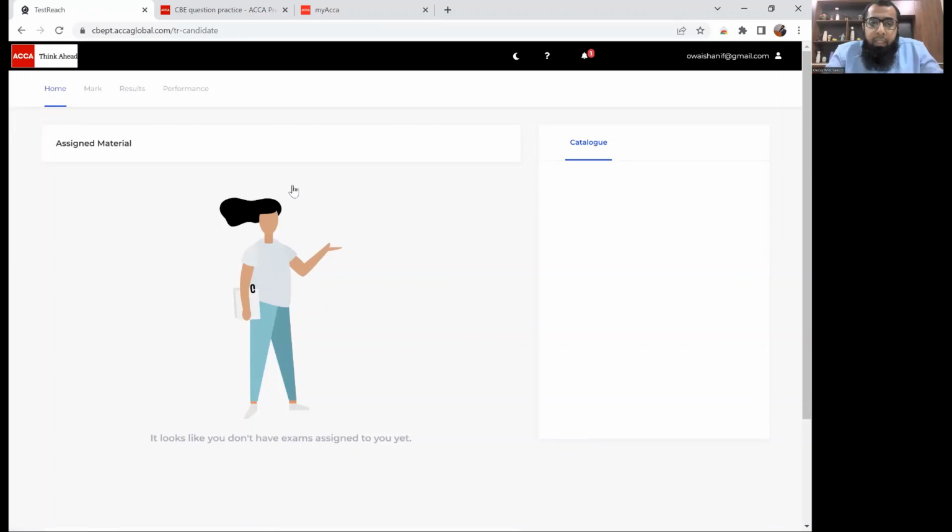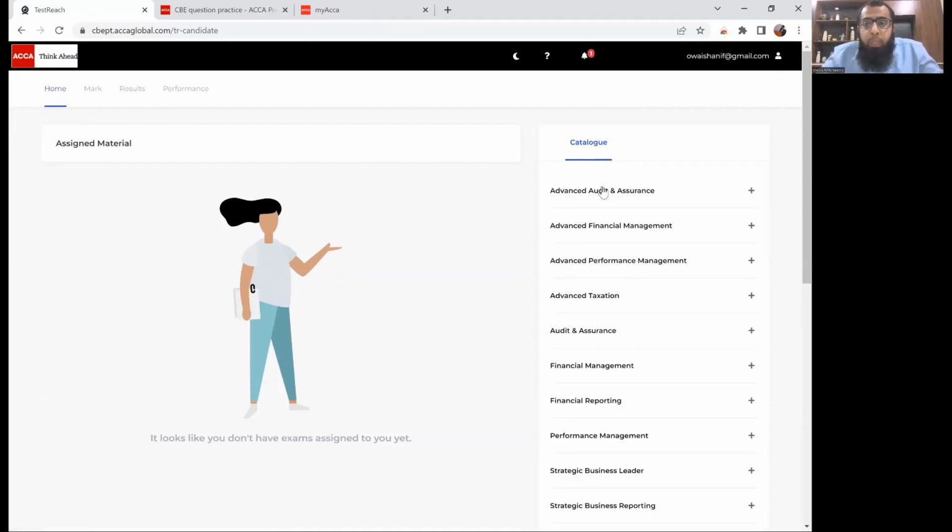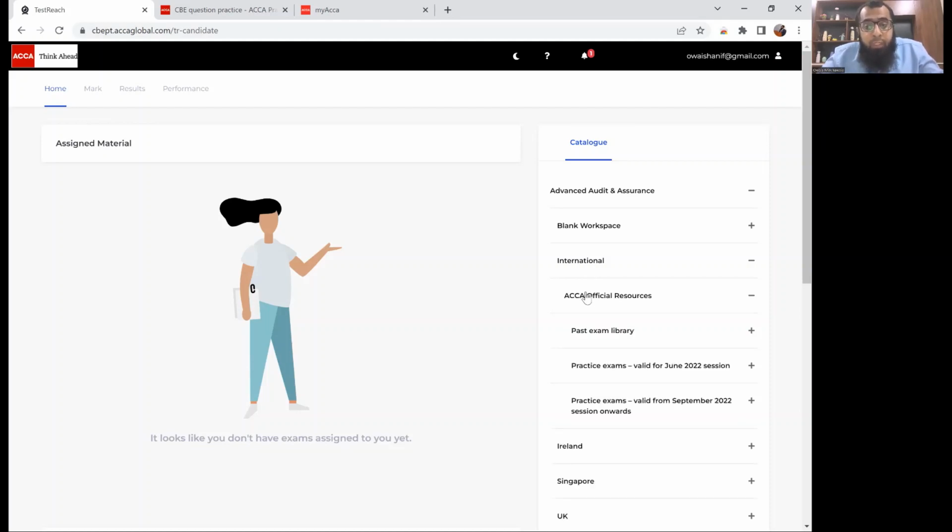Now, on this screen, on the right side, there is a catalog. You will click on Advanced Audit and Assurance, then International, then ACCA Official Resources. And see, here it is: practice exams valid from September 2022 session onward. This will include the latest specimen exams.